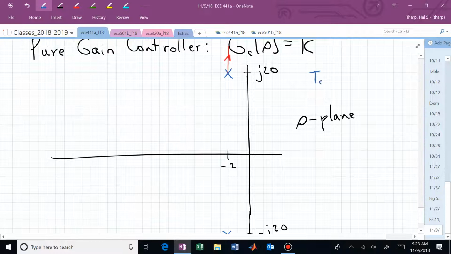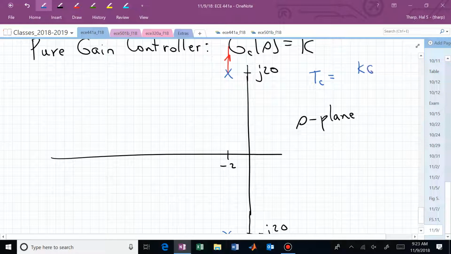What's T sub C if I have a pure gain controller? Really? Just because it's a bye week doesn't mean you have to forget your cheers. kg over 1 plus kg, right?